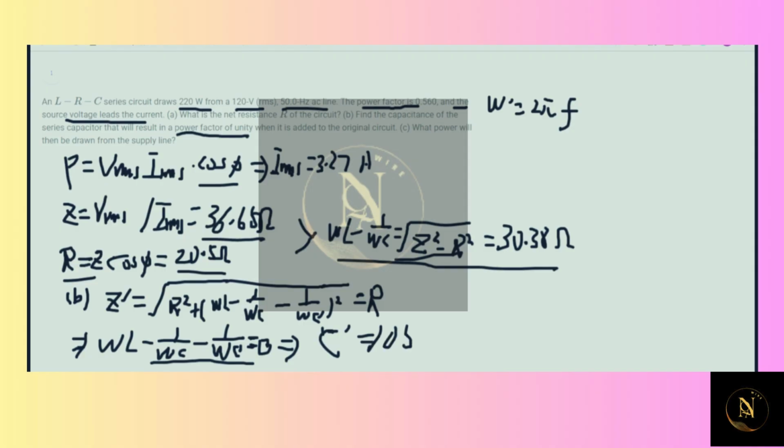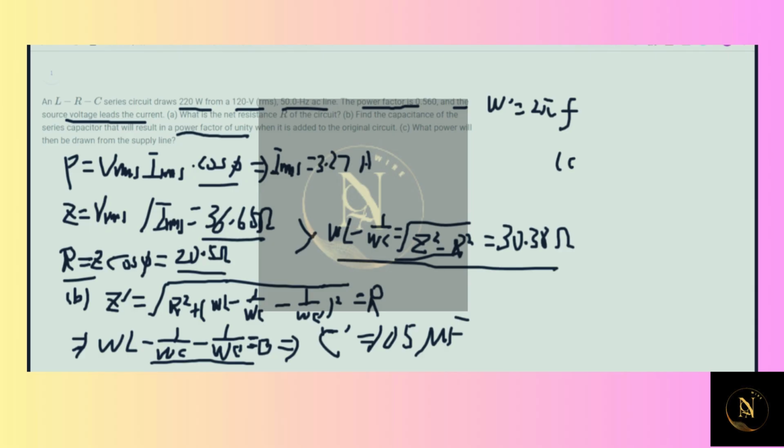Then we can plug this result into the expression and solve for C prime directly. Don't forget that the angular frequency omega equals 2 pi times f, and f is the frequency here, which is 50 hertz. So C prime, I found, is 105 microfarads.